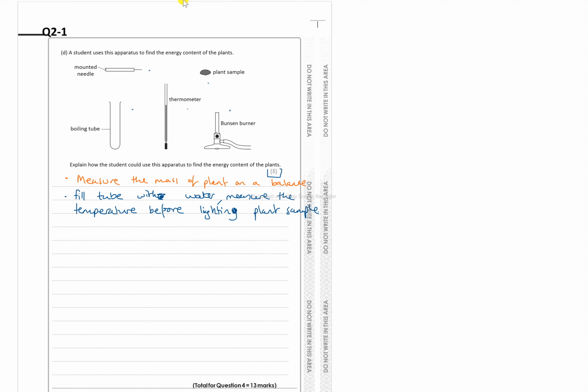Then measure the temperature using a thermometer before lighting the sample, using the Bunsen burner. Right, then place what we've done.